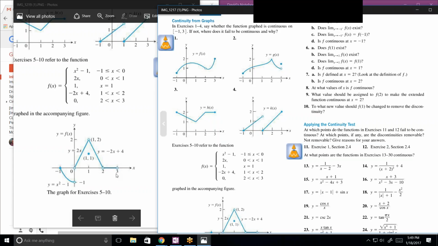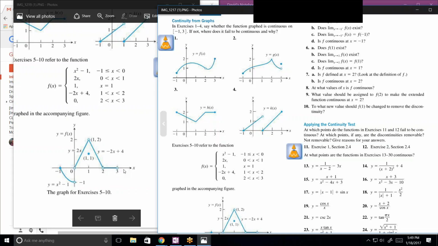It's unusual for a function to end with an open dot like that, but that means it's not continuous. I could say, what is the limit as we approach 3 from the left? It would be 0.